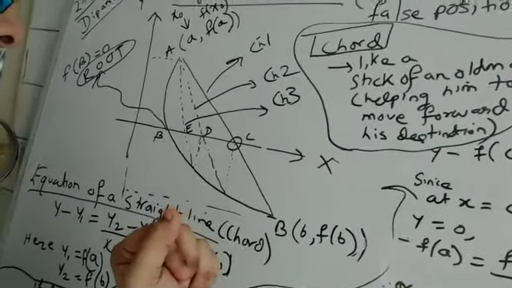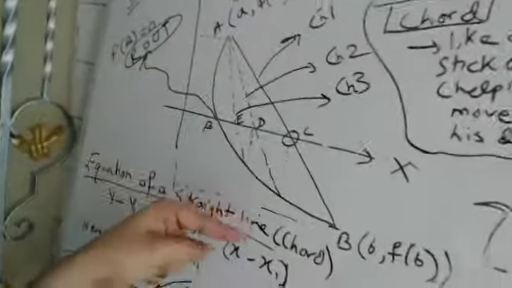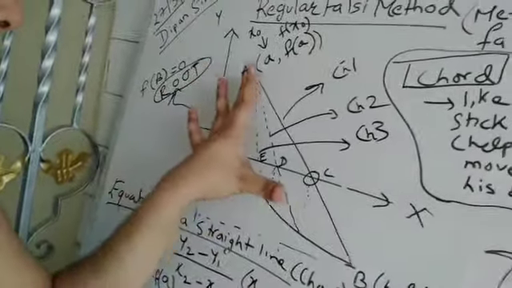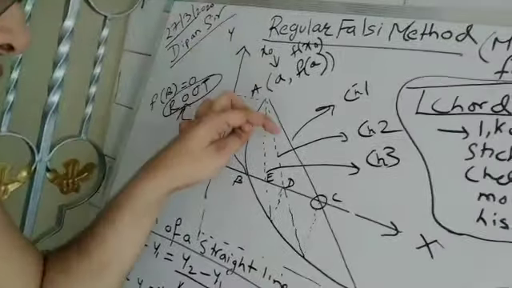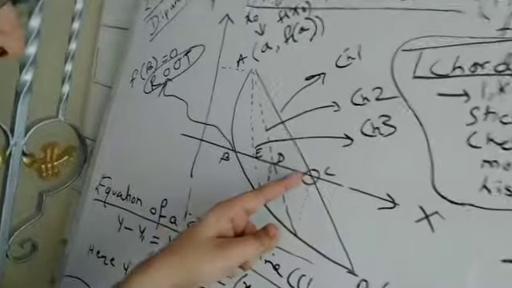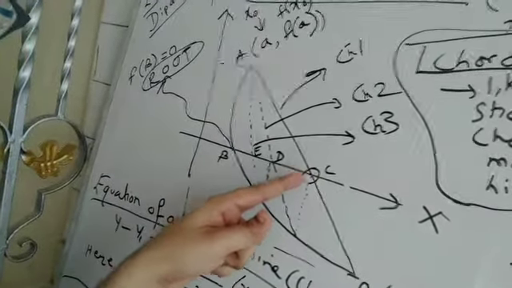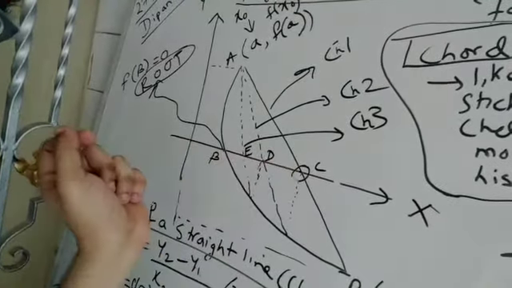Now, basically what we are doing is approximating this curve by a chord from A to B. This chord will touch the x-axis at the point C. So this C will be your new point of starting.